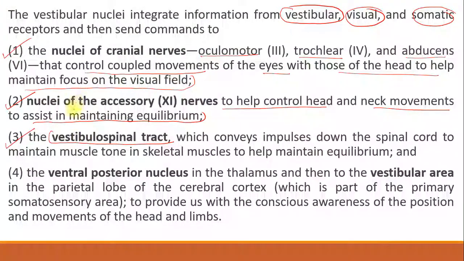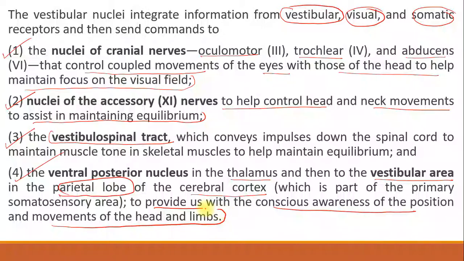The next location is the ventral posterior nucleus, which is present in the thalamus, and then the vestibular area in the parietal lobe of the cerebral cortex, which is part of the primary somatosensory area, to provide us with conscious awareness of the position and movements of the head and limbs.